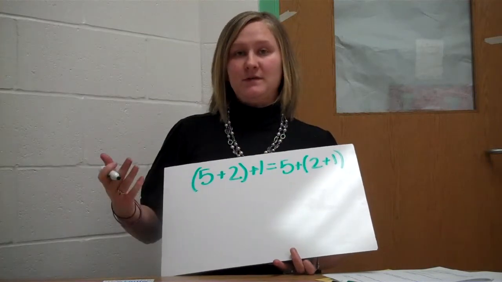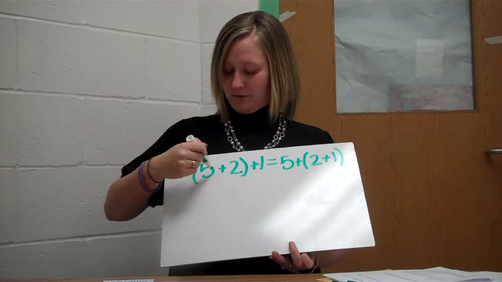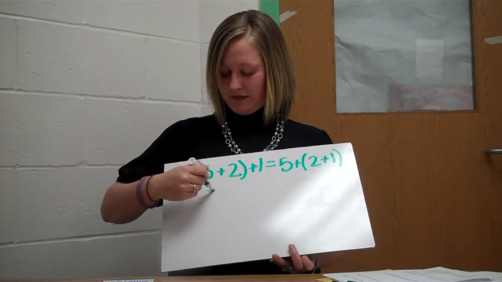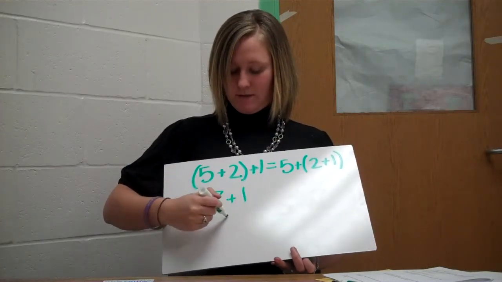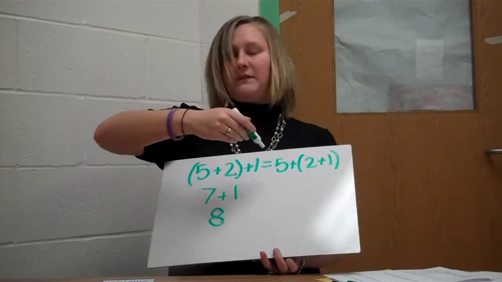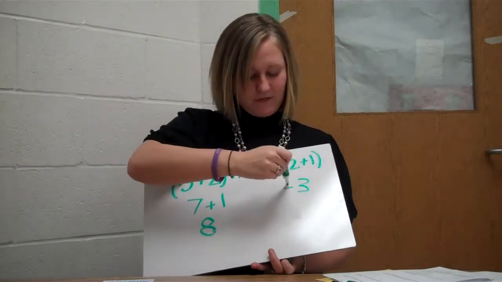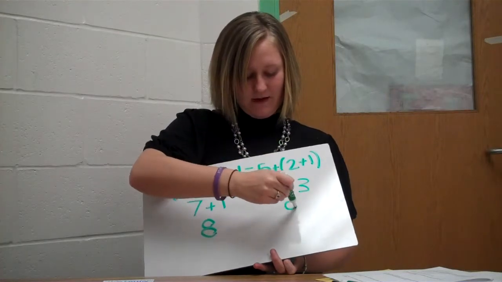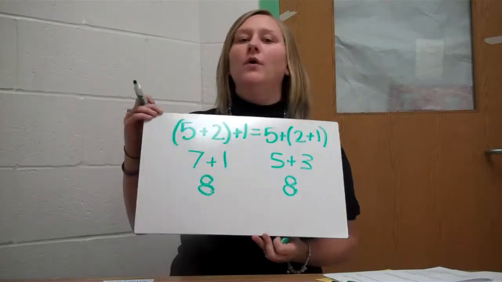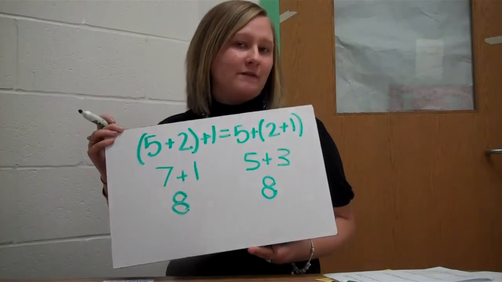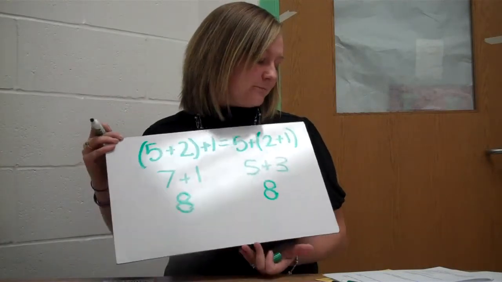The parentheses are in a different place. The very first thing I would do is the parentheses, which is 5 plus 2, that's 7, plus 1, that's 8. Okay, let's see if we get the same thing on this side. 2 plus 1 is 3, plus 5, that would be 8. Okay, so you can use this one or you can use a different one for your example.